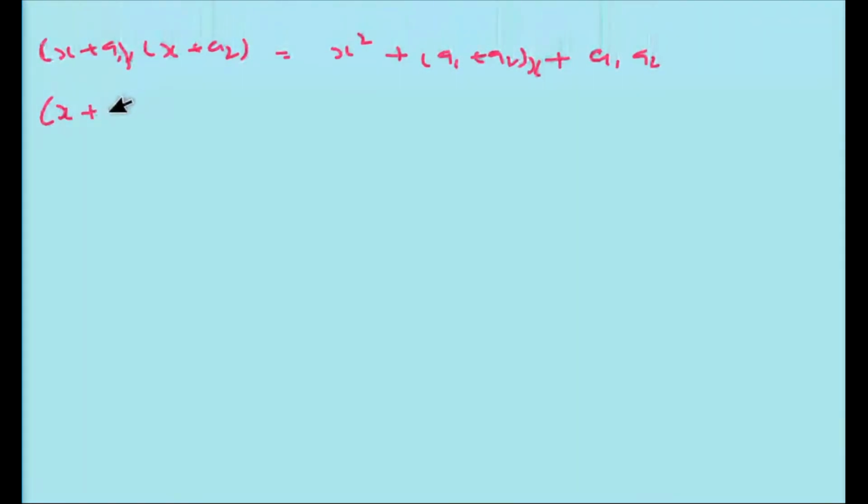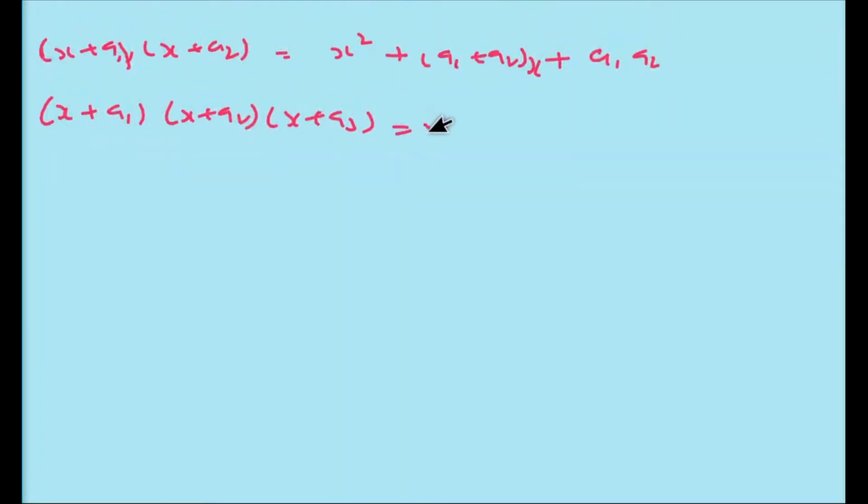Now you can see here, if we multiply (x plus a1) and (x plus a2), what is the result here? The result is x square plus (a1 plus a2) x plus a1 a2. Now you can see here, (x plus a1), (x plus a2), (x plus a3), when we multiply them, what do we get here?